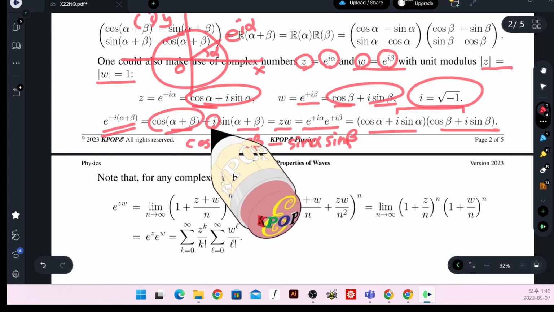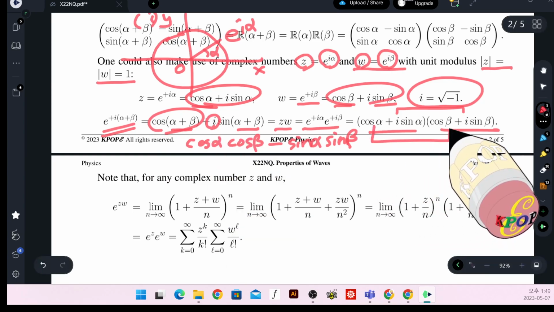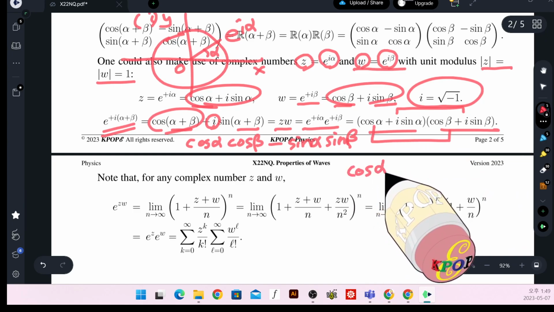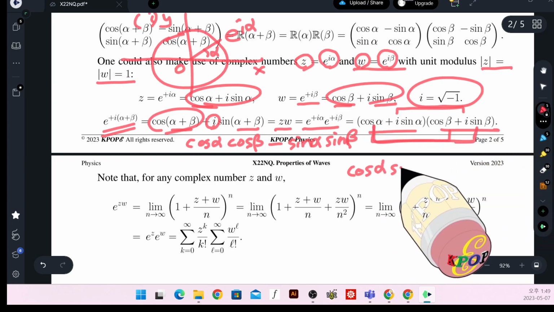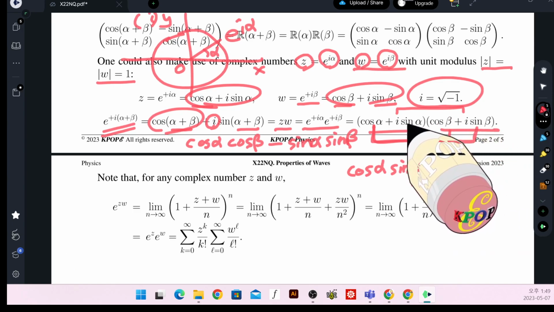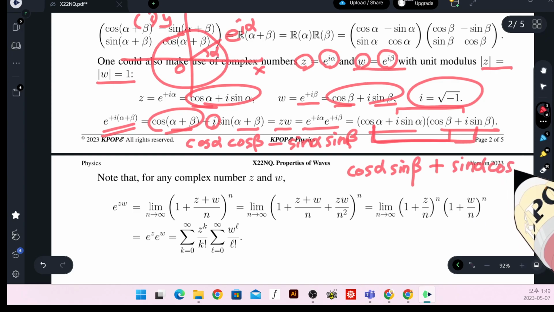That has only a single i. So single i, this product, cosine alpha sine beta, plus sine alpha cosine beta.